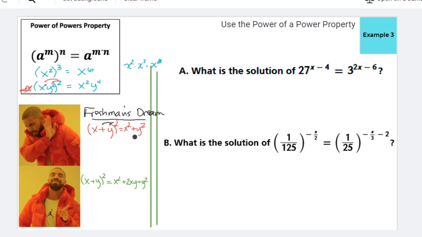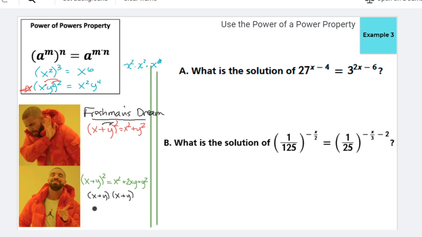This doesn't work. Because what ends up happening is we have x plus y, and when we're squaring it, we're multiplying it times x plus y. And so when I go to use the distributive property here, I'm going to take x and times it to each of these terms.